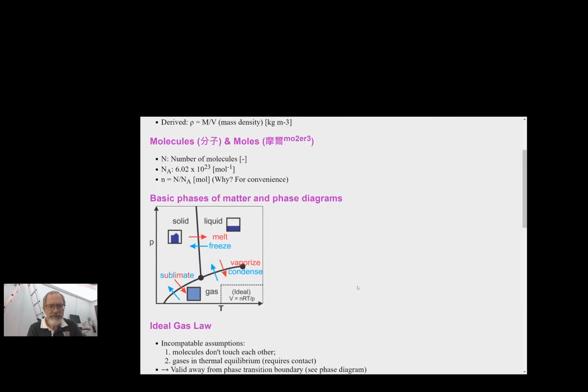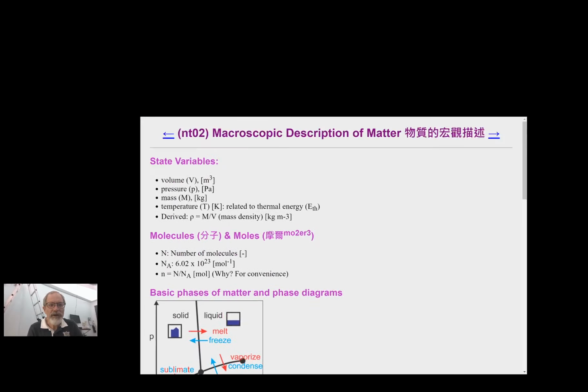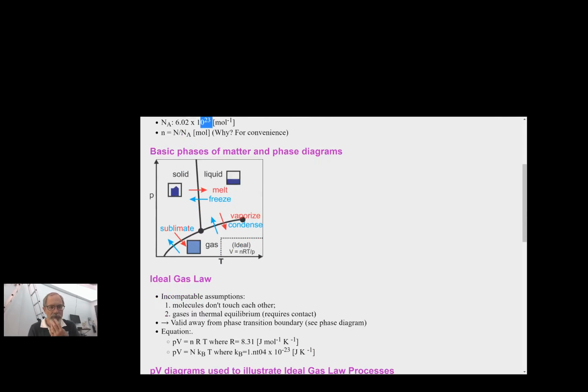So let's quickly summarize one more time. The state variables are volume, pressure, mass, and temperature. We also are concerned about the number of molecules, which we often specify as physicists in moles for convenience, so we don't have to use big numbers with 10 to the 23rd. We talked about phase diagrams, which are generally plotted as pressure versus temperature.